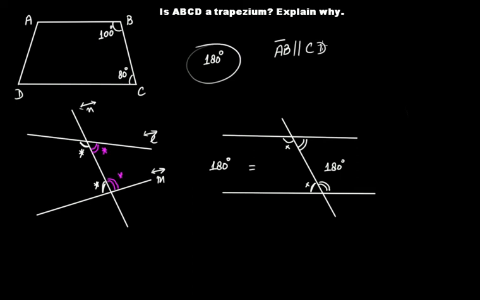That's why we can say that yes, this is actually a trapezium, because it's very clear that these two lines are non-parallel. So we have one pair that is non-parallel and we have another pair that is parallel. That makes it a trapezium.